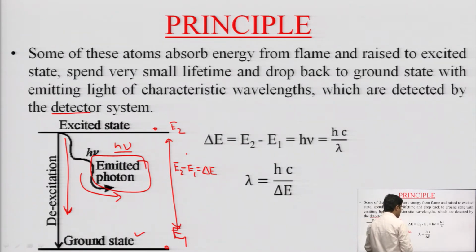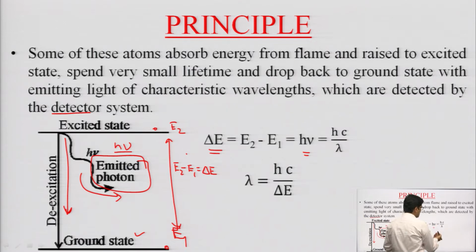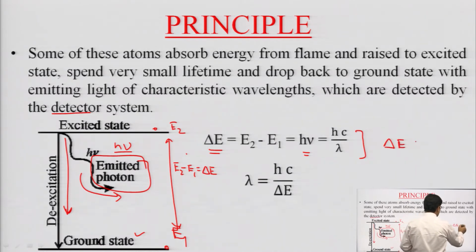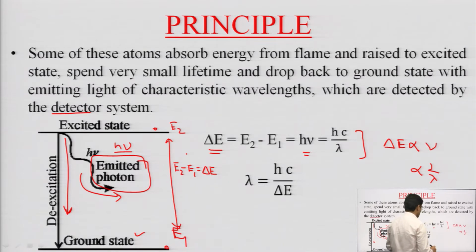This can be understood with this equation: delta E, the difference of energy between the ground state and the excited state, is equal to h nu, where nu is the frequency, which can also be written as c by lambda. So, we can clearly see that energy is directly proportional to the frequency and inversely proportional to the wavelength.